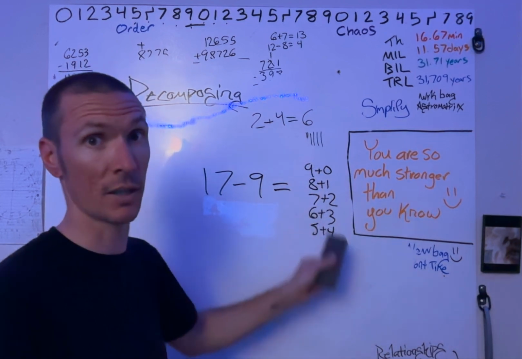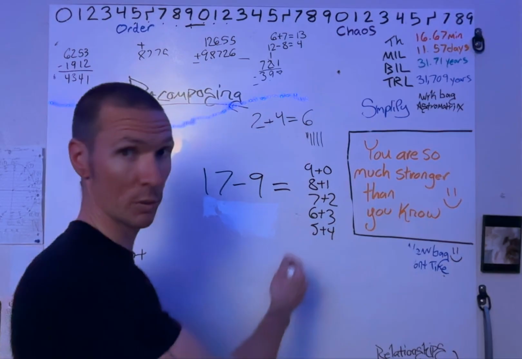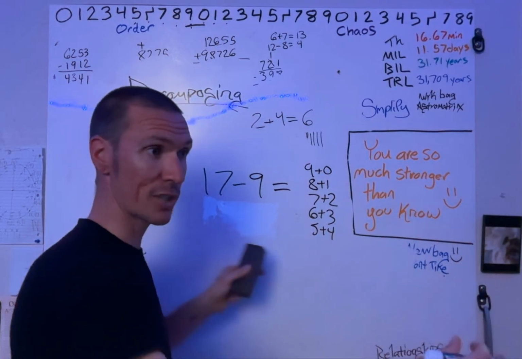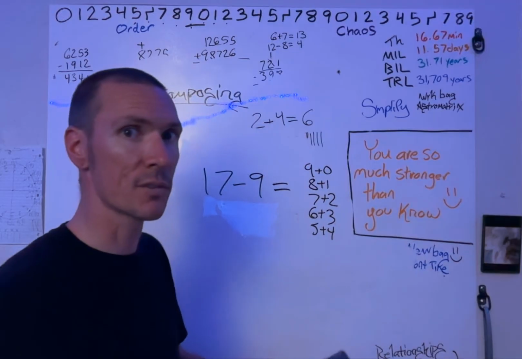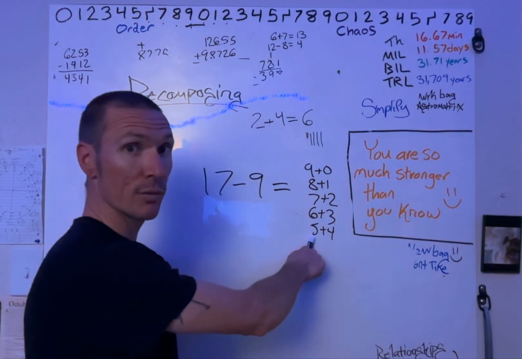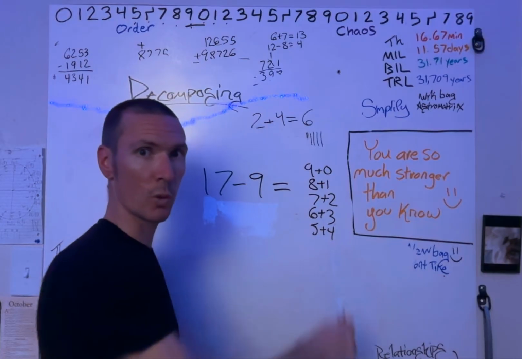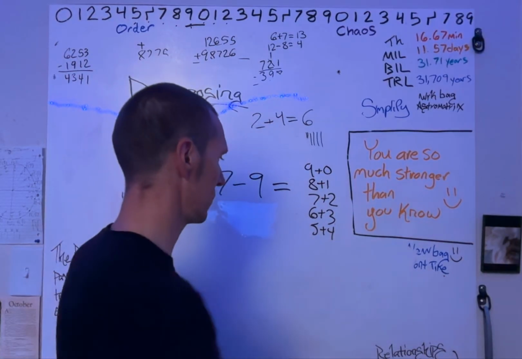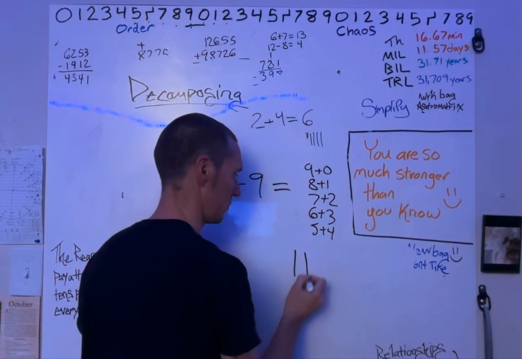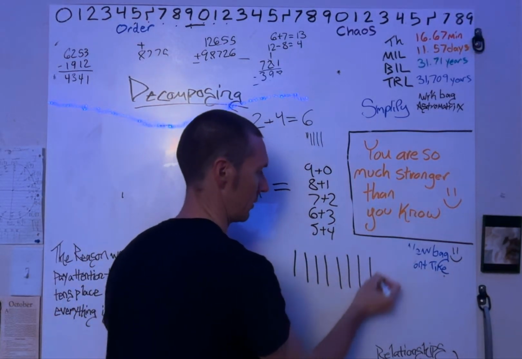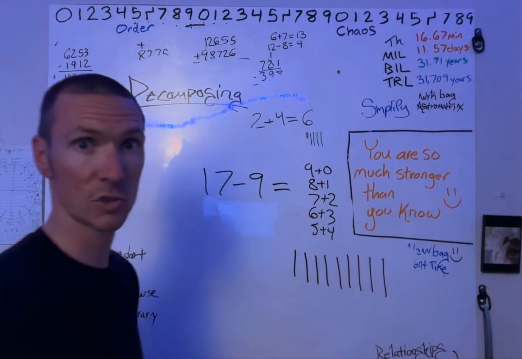9 breaks down into 9 ones. 1 plus 1 plus 1 plus 1 plus 1 plus 1, 9 times. You're just adding some of those ones together. So we can add 5 of those ones and 4 of those ones because it's still just 9. It's always just 9. Okay, there's 9.